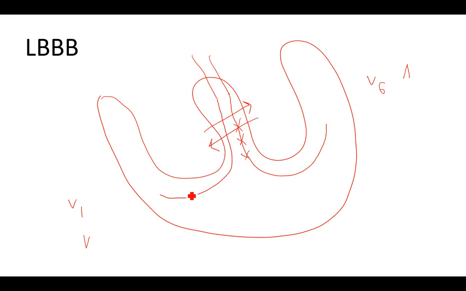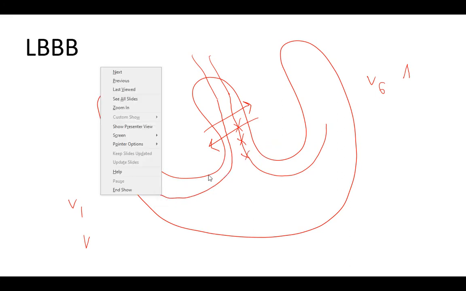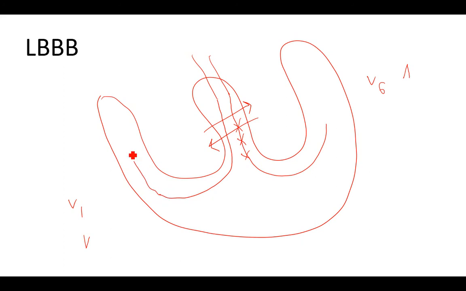So right ventricle will be depolarized first, so there will be a positive deflection in lead V1, and after depolarization of right ventricle, left ventricle will be depolarized, and left ventricle will initially not be depolarized because the left bundle branch is blocked, okay. So after depolarization of this whole right ventricle, this left ventricle will be depolarized.